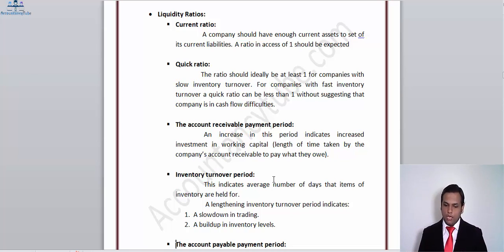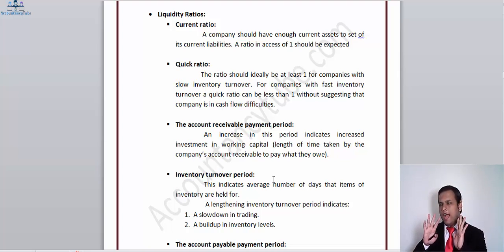Then we have got the quick ratio. Now the quick ratio should ideally be at least 1, just like the current ratio, for companies with slow inventory turnover, as I've just told you in the example of car manufacturing. For companies with fast inventory turnover, like a grocery store, a quick ratio can be less than 1 without suggesting that the company is in cash flow difficulties. Here, the formula was current assets less inventory divided by current liabilities.